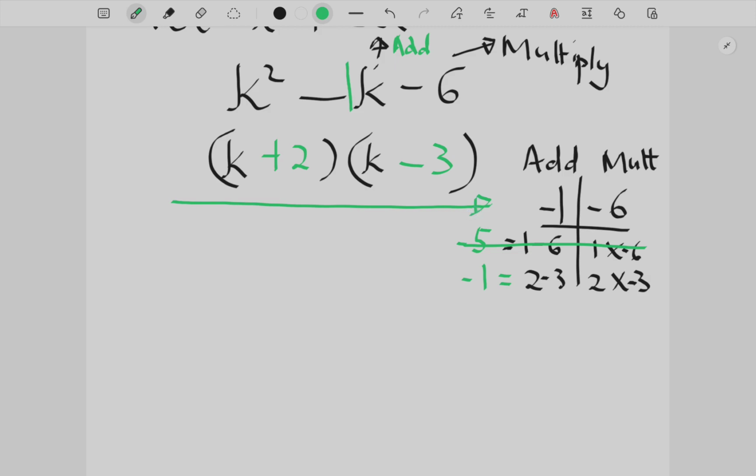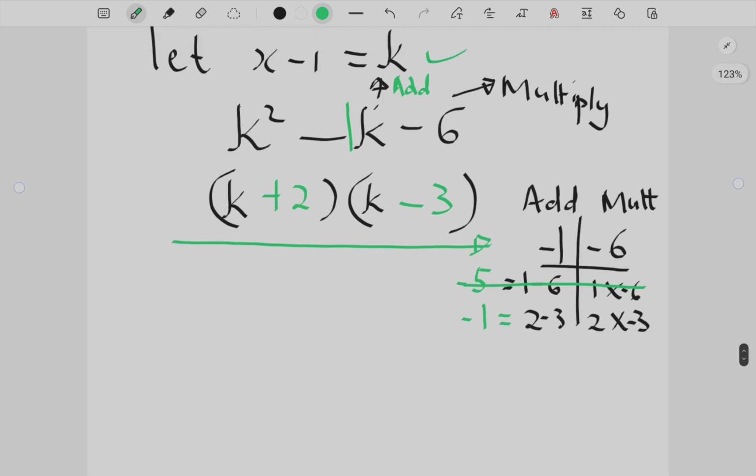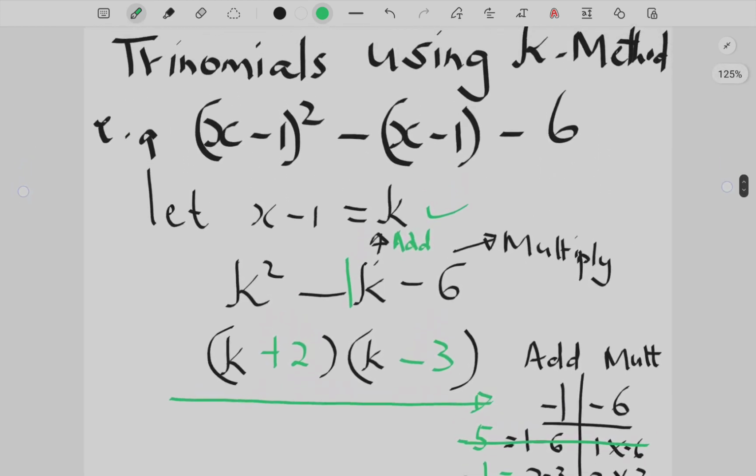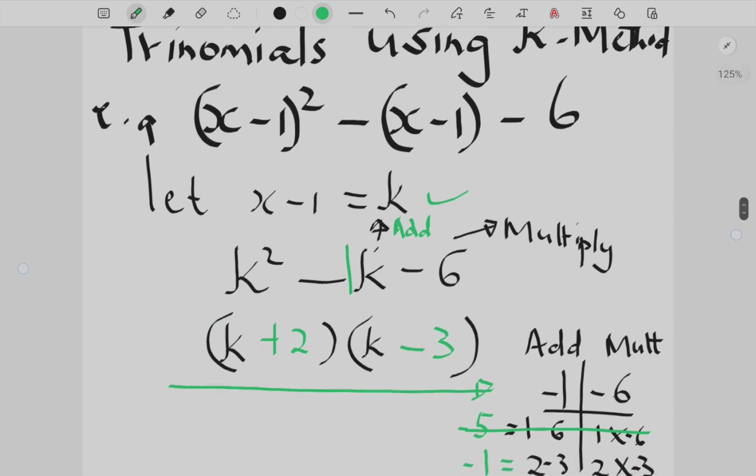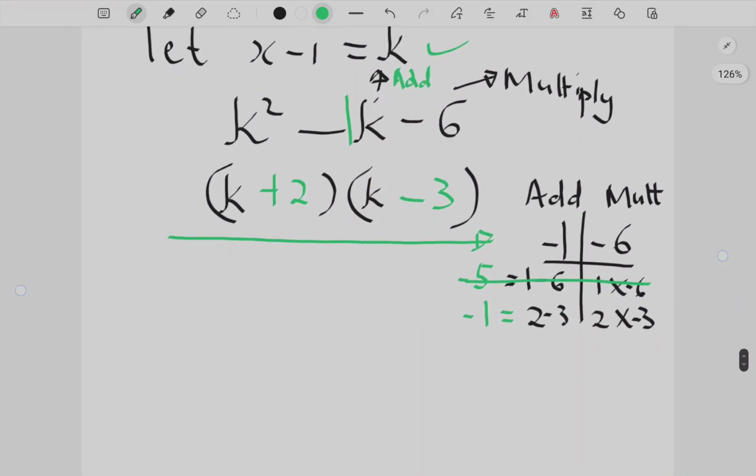This is the answer. But now, remember, originally we were not asked to factorize k, but to factorize (x - 1)² - (x - 1) - 6. It means we must go back to x - 1.